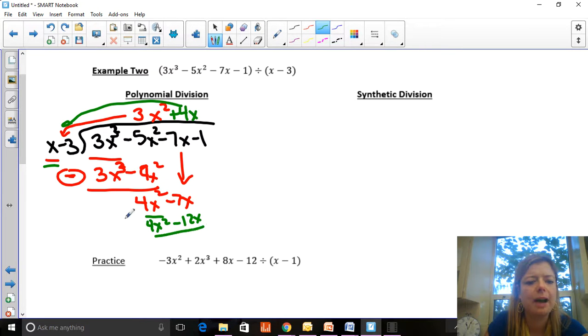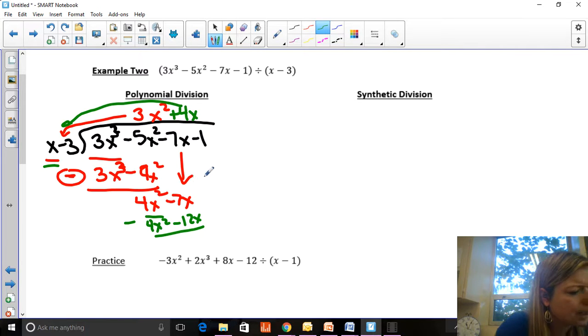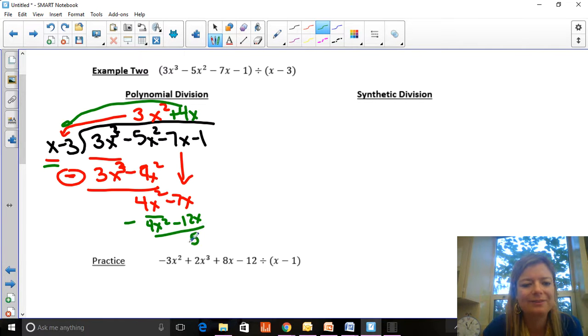Okay, and we're subtracting. So this goes away, and then minus 7x minus a negative 12x is positive 5x, there we go, 5x, okay? And now to get to the next step, we bring down the minus 1, okay?